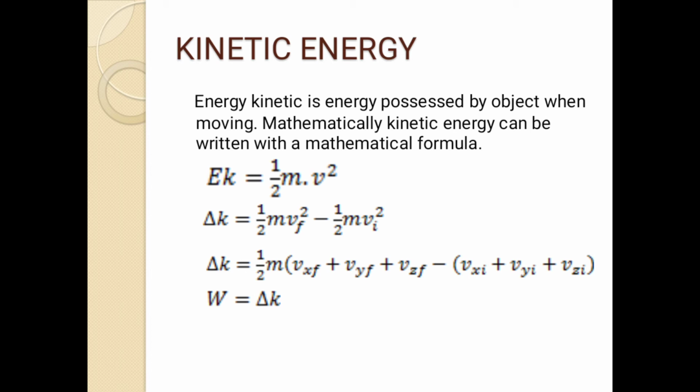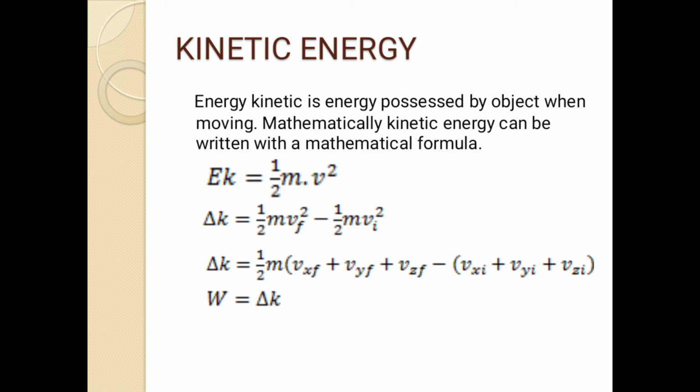So kinetic energy equals 1/2 mass times velocity squared. Delta K equals 1/2 times mass times velocity final squared minus 1/2 times mass times velocity initial squared.